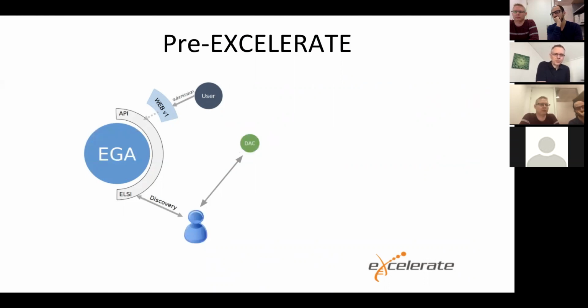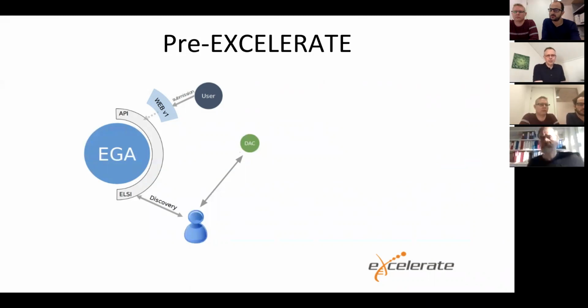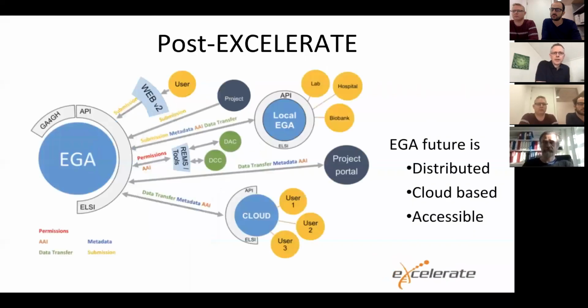Other researchers would search the metadata to find interesting data sets and ask a data access committee if they can have access, and then they're granted access, and then download the data and do the research on that.